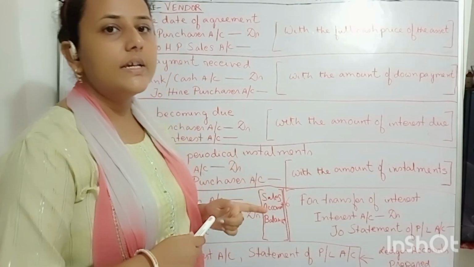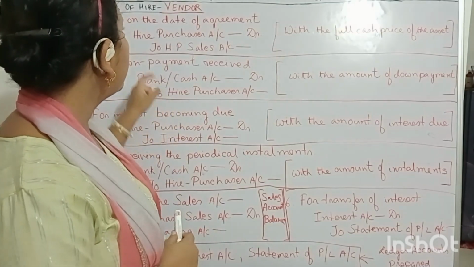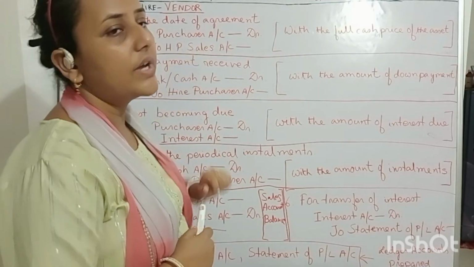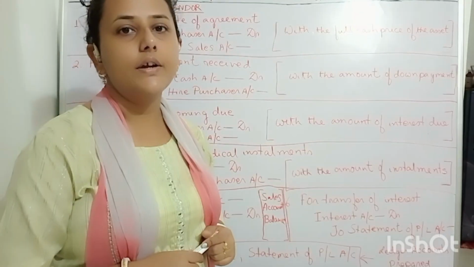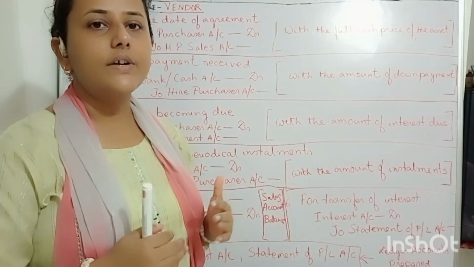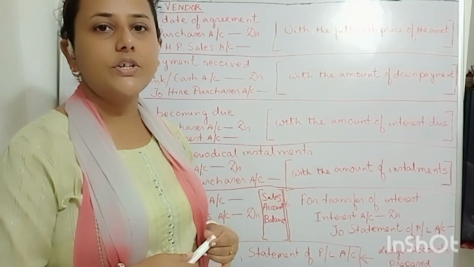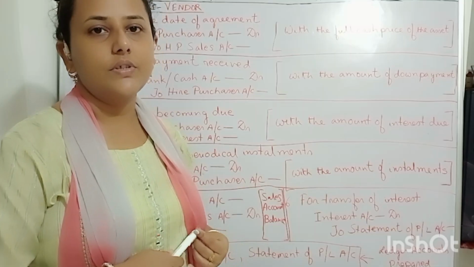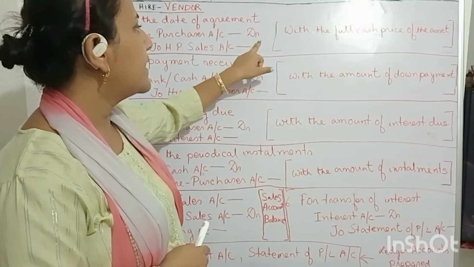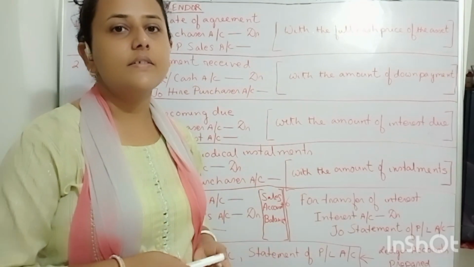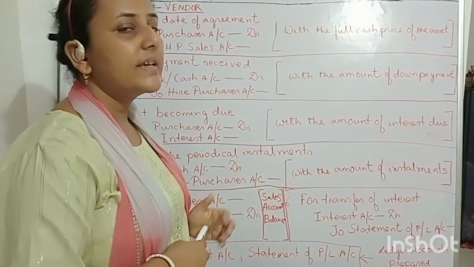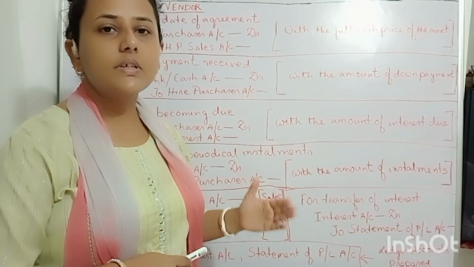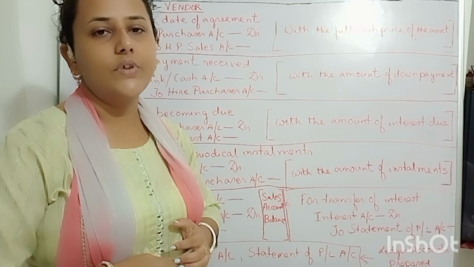Hire purchaser account is debited because it becomes an asset for the hire vendor, who is going to receive cash from the hire purchaser. When an asset increases, it should be debited, to hire purchase sales account, because it is a revenue for the hire vendor.